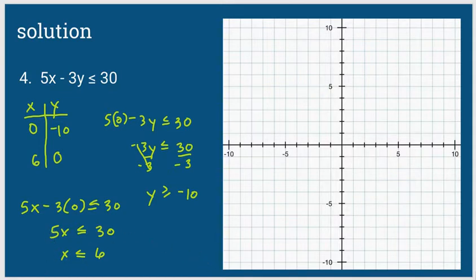So now I'm going to go over to my graph. I'm going to mark those two intercept points. The first one is at 0, negative 10, so it's way down here at the bottom of the graph. The second one is at 6, 0, so that's over here on the x-axis. And then because this is a linear inequality, this is where I have to look at the inequality symbol. And in this case, it is less than or equal to.